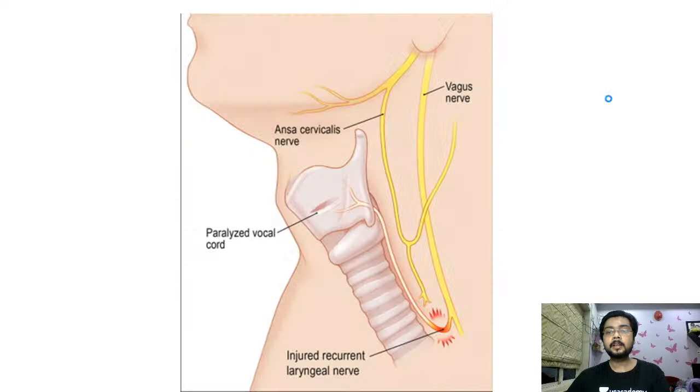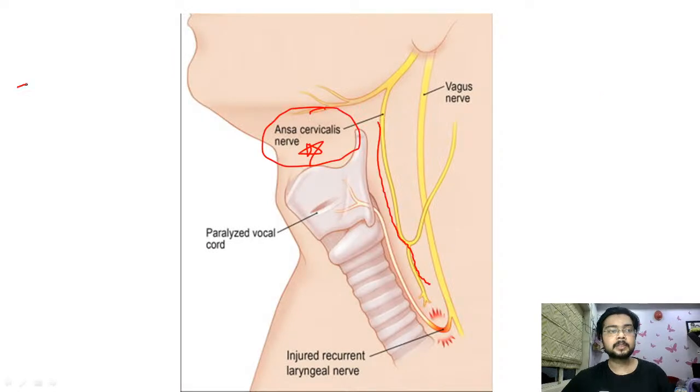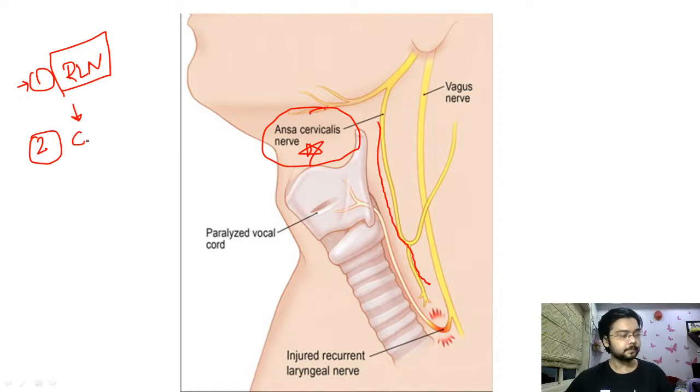And there are two simple rules in the larynx you all remember, I just want to revise them. All the muscles of the larynx are supplied by the recurrent laryngeal nerve except one. Can you name this muscle? Except one, that is cricothyroid, which is supplied by the external branch of the superior laryngeal nerve.